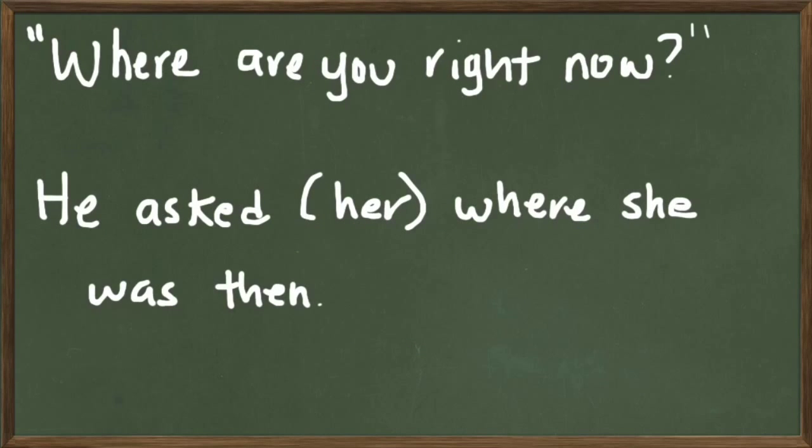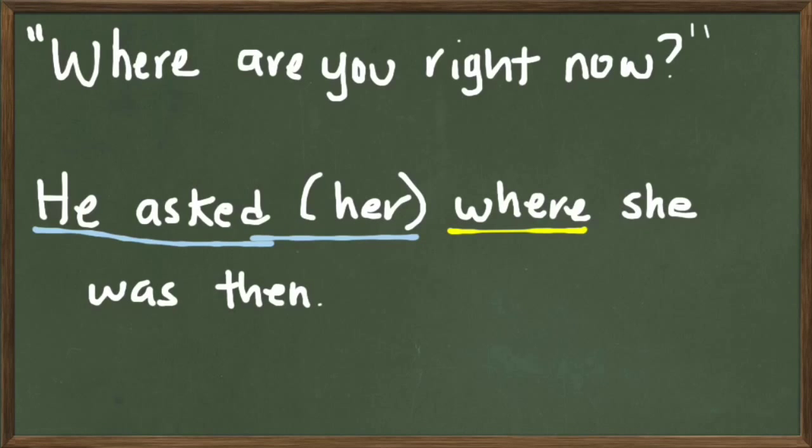Another question, where are you right now? Okay, this is an information question, so the result is he asked her where she was then. We have our reporting expression, he asked or he asked her. We use the question word of the original question, where.